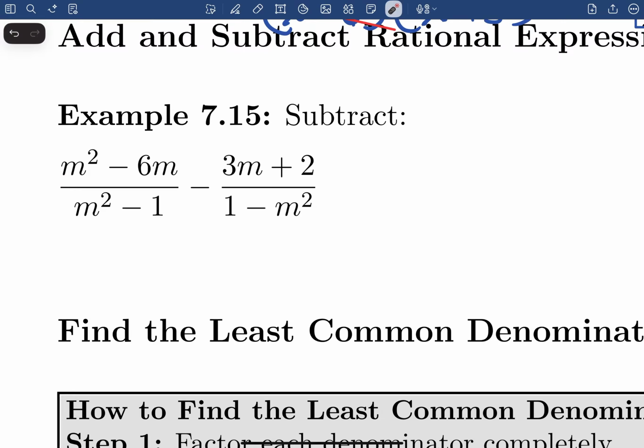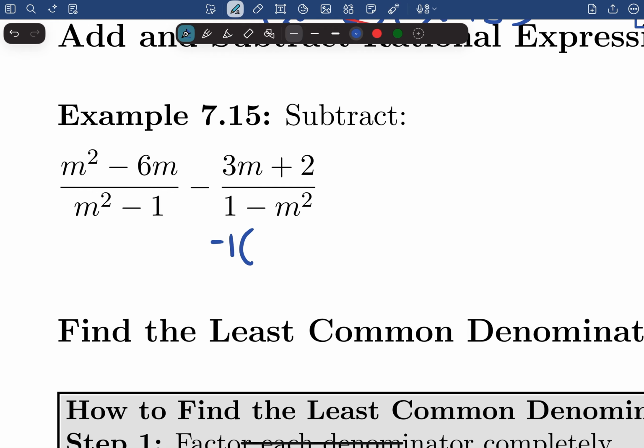So here I have m squared minus 6m over m squared minus 1, minus 3m plus 2 over 1 minus m squared. I look at the denominators. Are they the same? No, they are opposites. M squared and 1 have been flipped. Now it's 1 and m squared with the minus sign between them. So what I can do is factor out a negative 1. Okay?